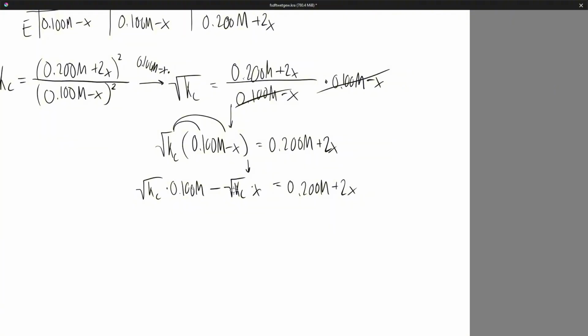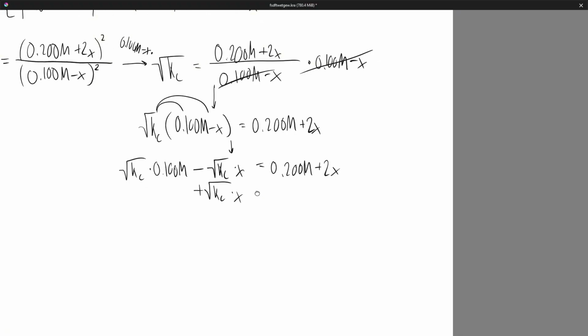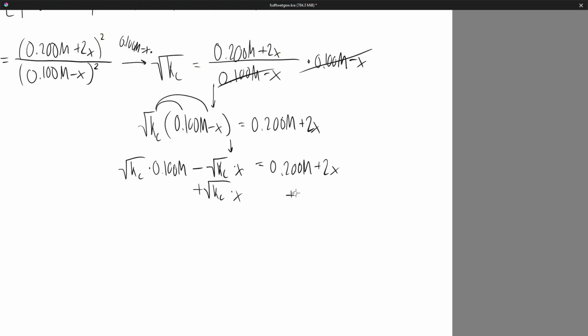Now we're going to remove the minus square root of Kc times x to the other side. So to that, we add it to both sides.